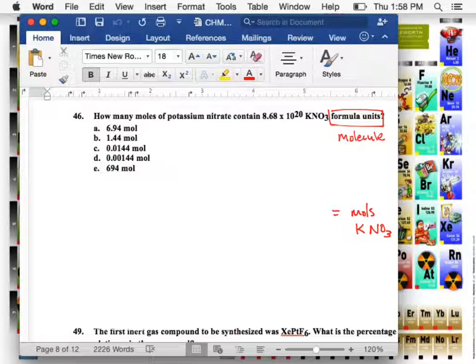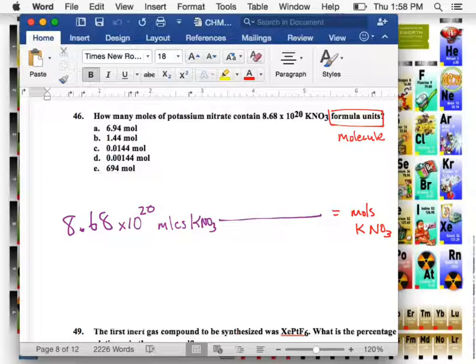What am I starting with? 8.68 times 10 to the 20th. I'm going to say molecules of KNO3. Are molecules the same thing as moles? No. What do I need to do?